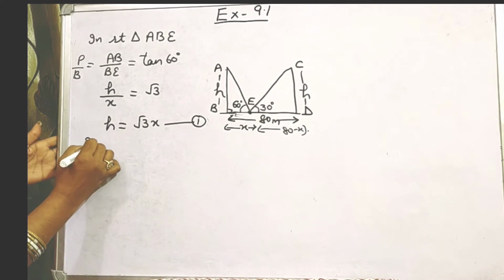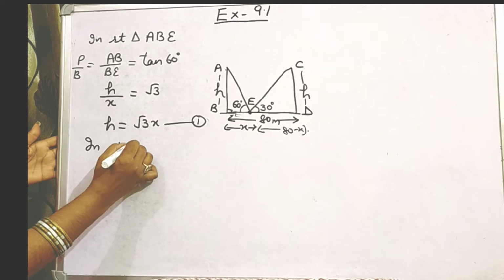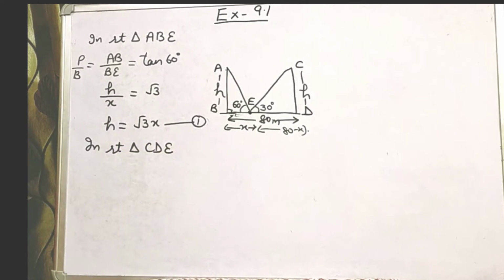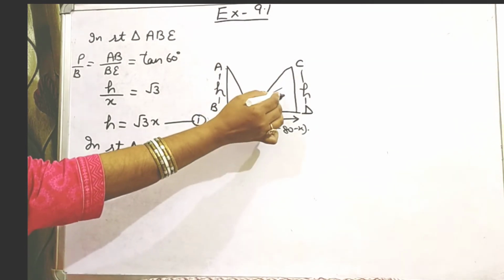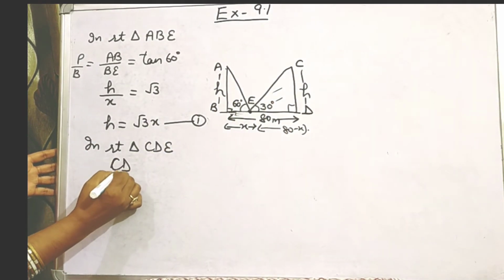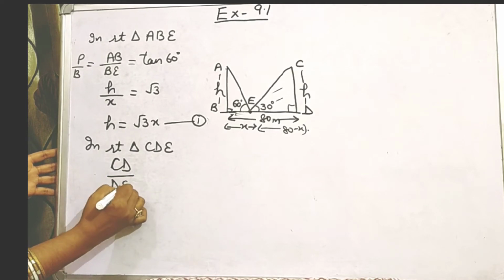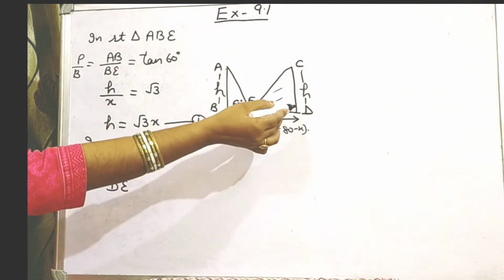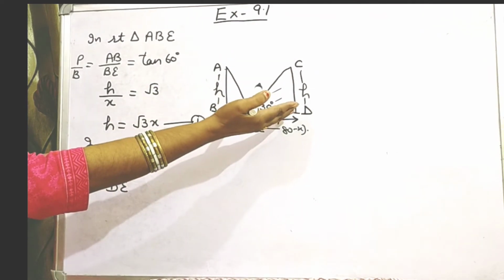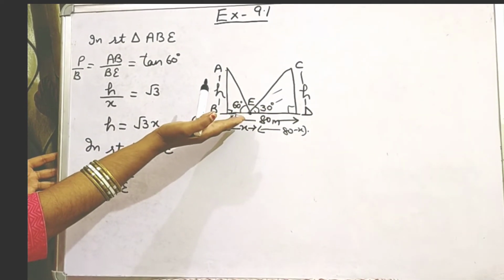Now take the second triangle, right triangle CDE. This is our second right triangle. I'm taking the ratio CD by DE. For this angle, CD is perpendicular and ED is base.